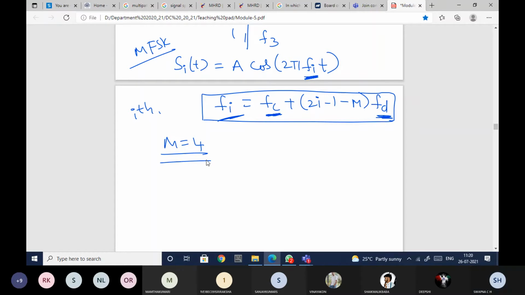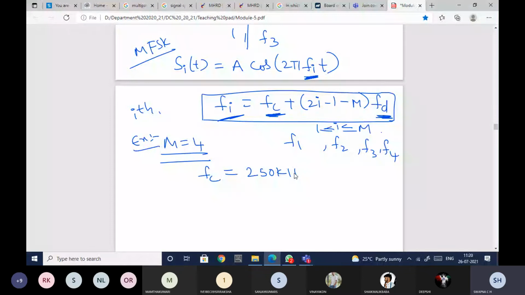If I want to calculate F1, F2 and the deviation between them, all that I need is Fd, which is given as 25 kilohertz.